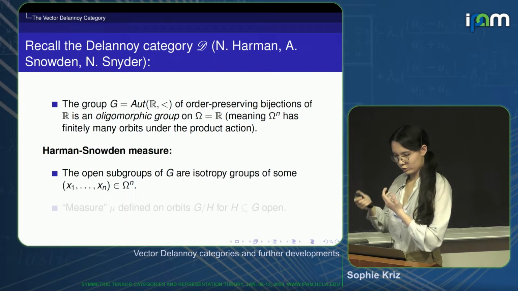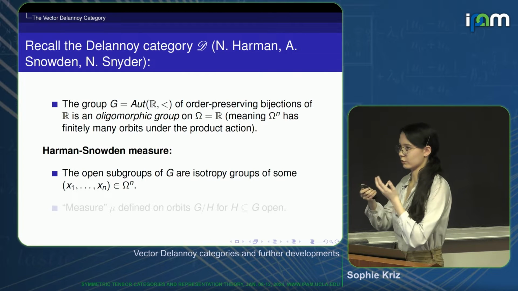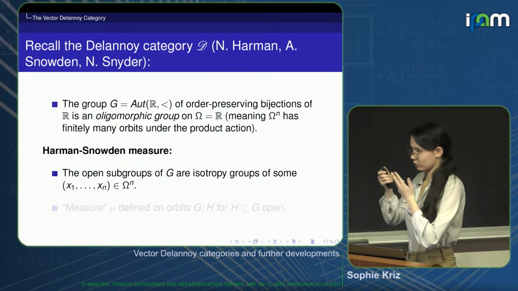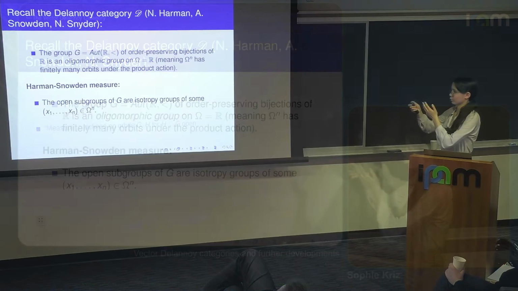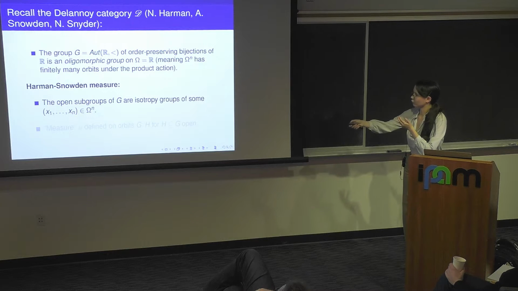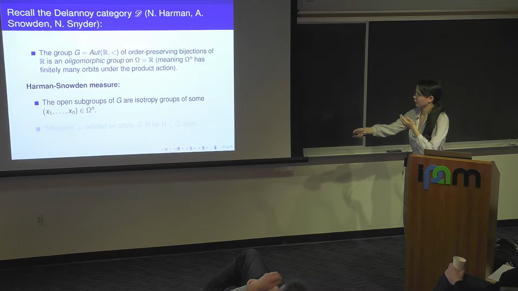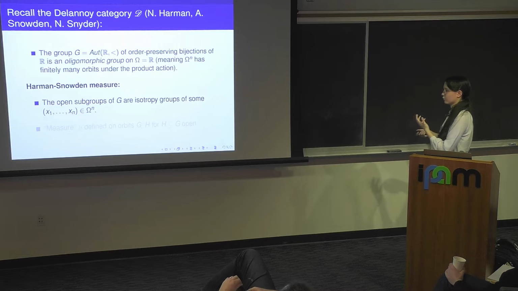The machinery of the measure in the sense of Harman and Snowden is that we consider a topology on this group, given by taking a neighborhood basis to be the isotropy groups of these n-tuples x1 up to xn in powers of the underlying set of the group.